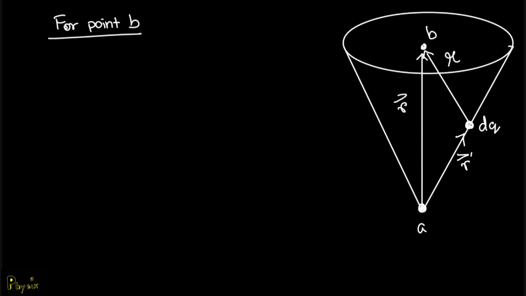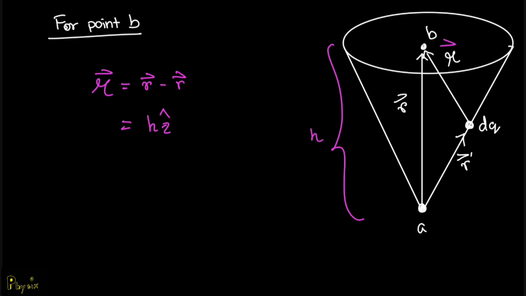Now as you can tell, your displacement vector is basically r minus r prime. Now r is basically the height times z hat, right? Because this is the height, minus r prime. Yeah, there should be a prime here, so it's r prime, and this is basically the same as before, right?